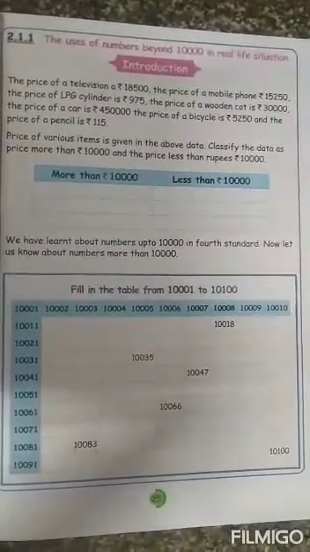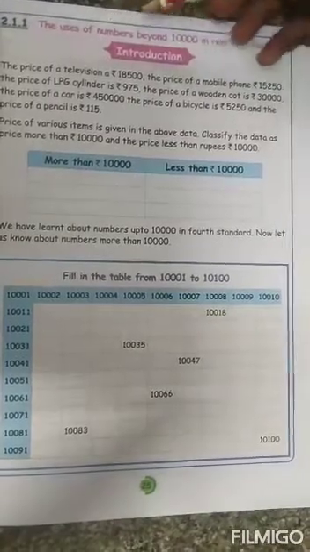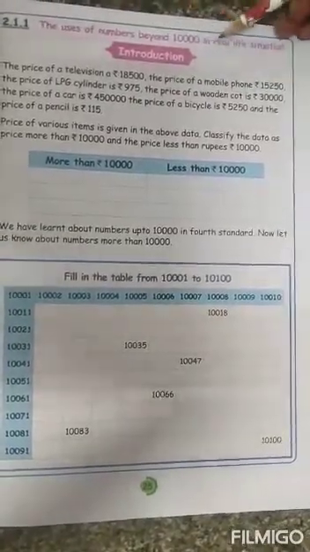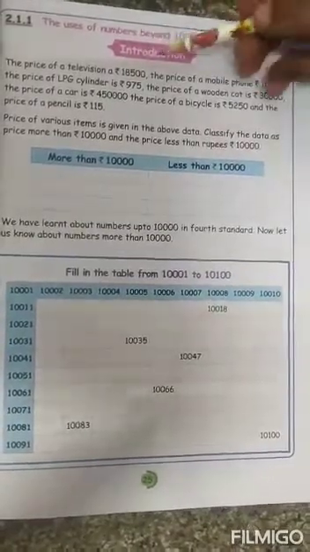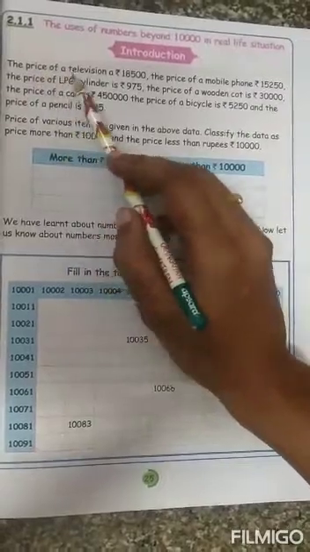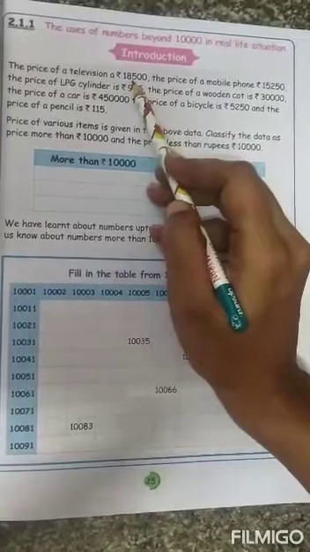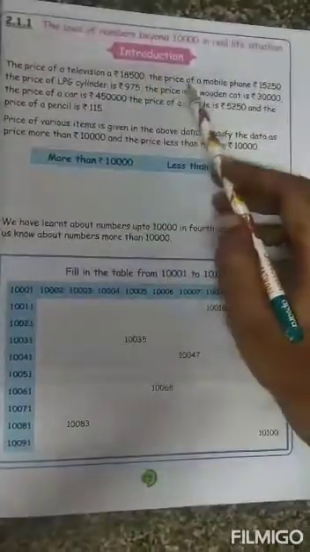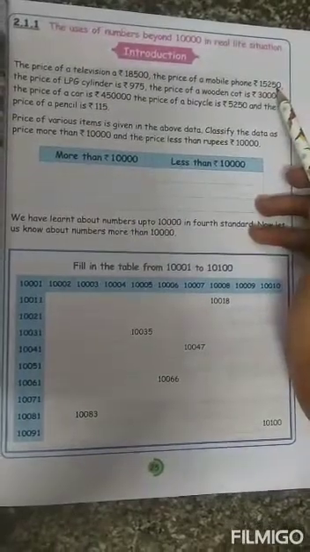See here children, as an introduction, the uses of numbers beyond 10,000 in real life situations are given. There is an example. The price of a television is rupees 18,500. The price of a mobile phone is rupees 15,250.